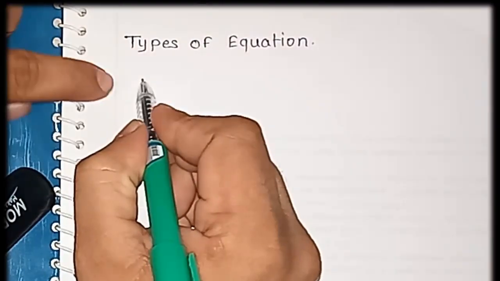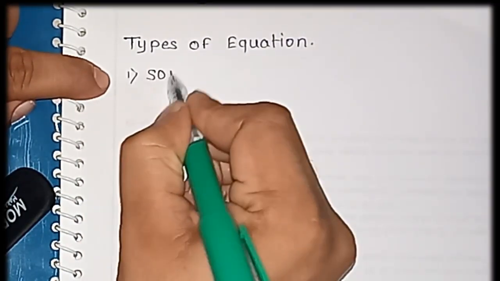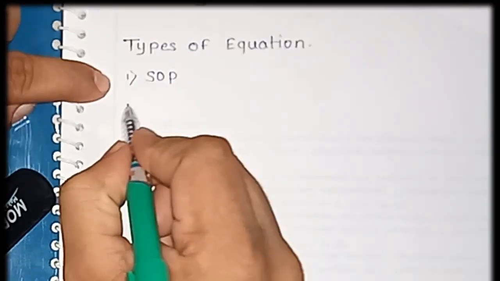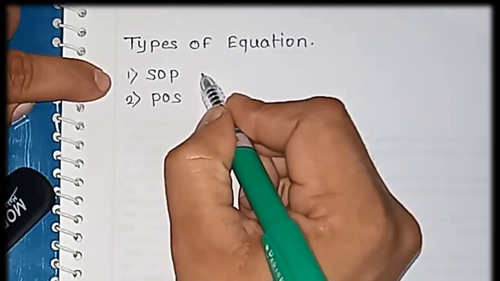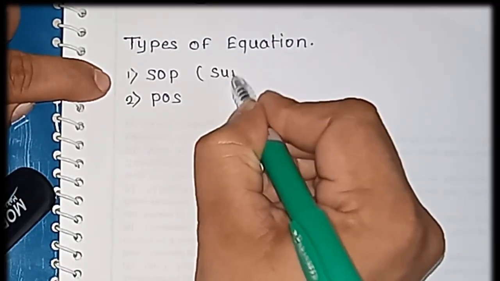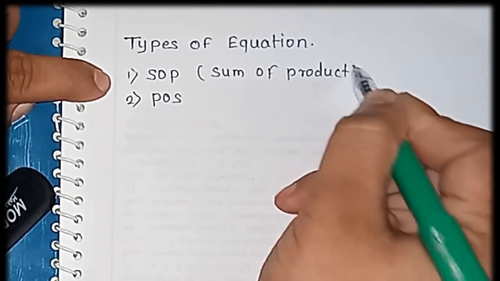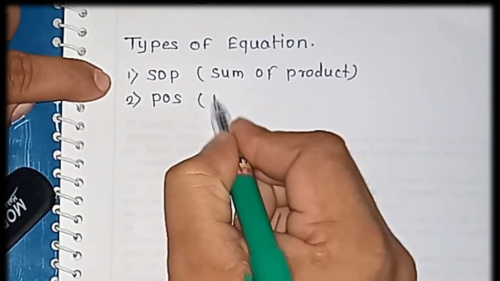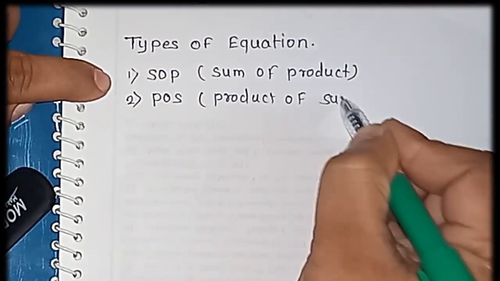There are two types of logical equation. One is SOP form and the second one is POS form. SOP form means sum of product, and POS means product of sum.